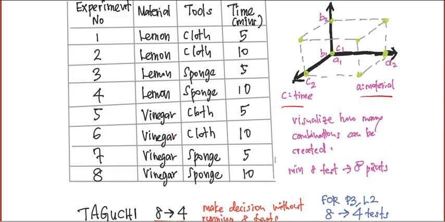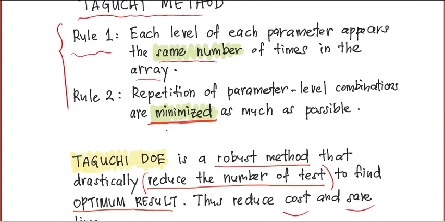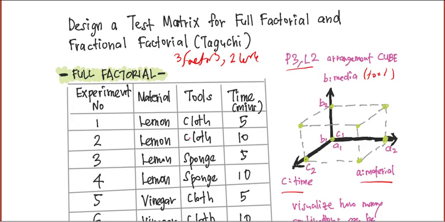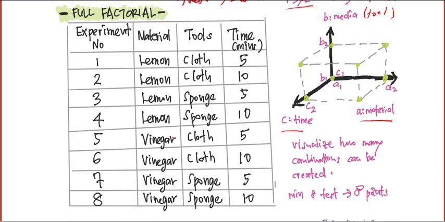If you remember the first rule: each level of each parameter appears the same number of times in the array. And second rule is the repetition of parameter level combination are minimized as much as possible. Okay, so let's see. Now we have lemon cloth 5 for the first experiment. We keep that. The second experiment, lemon cloth 10.